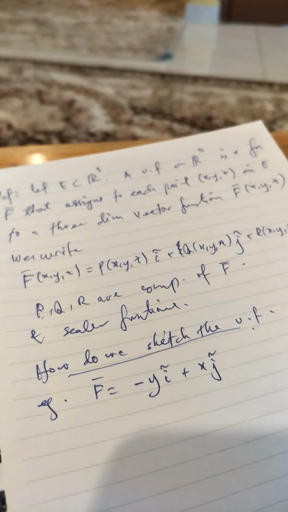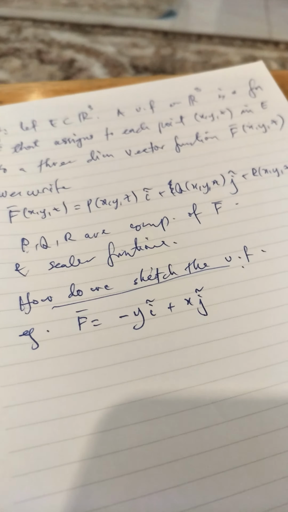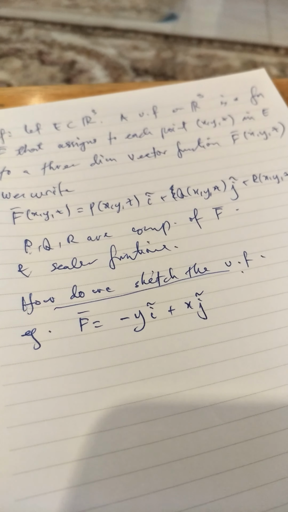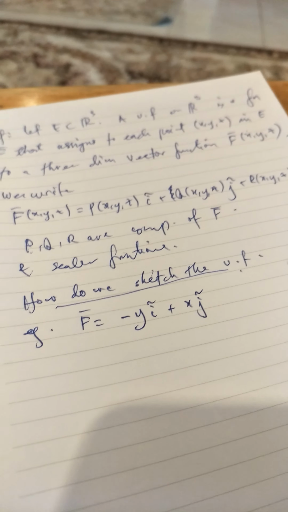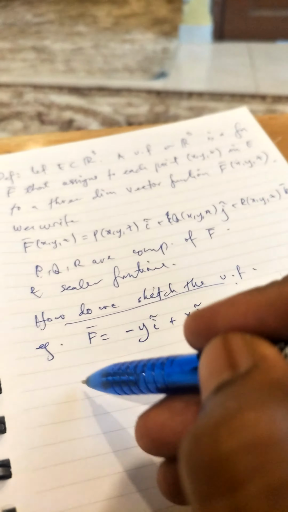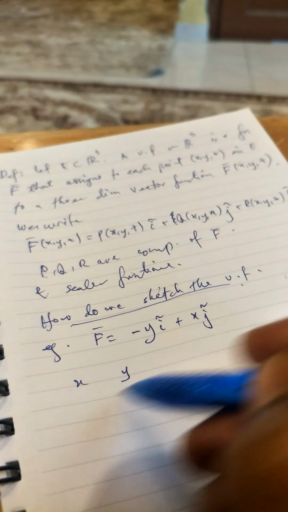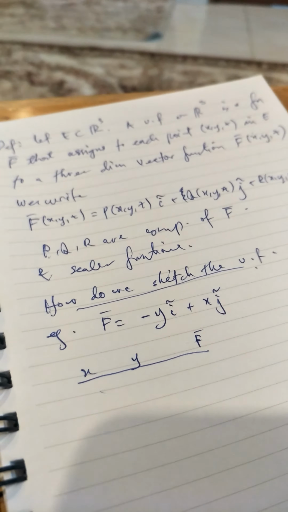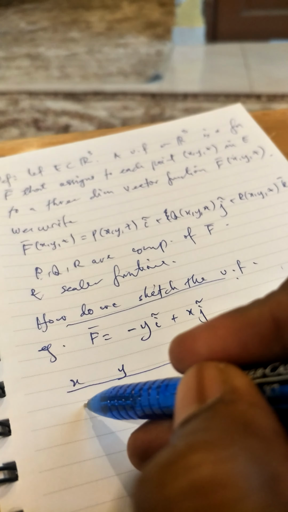A simple one. A complicated one we cannot do by hand, we have to use a computer. But for a simple function we can describe this. So select any point xy, then see what happens to F.